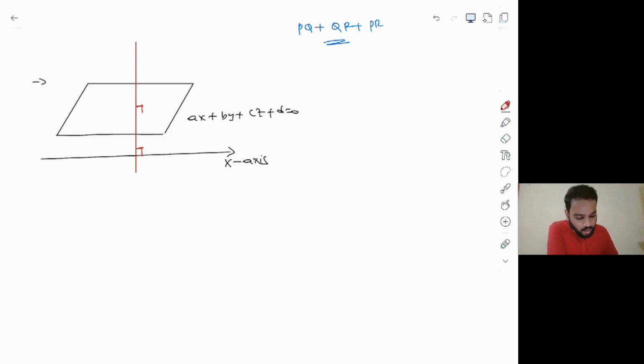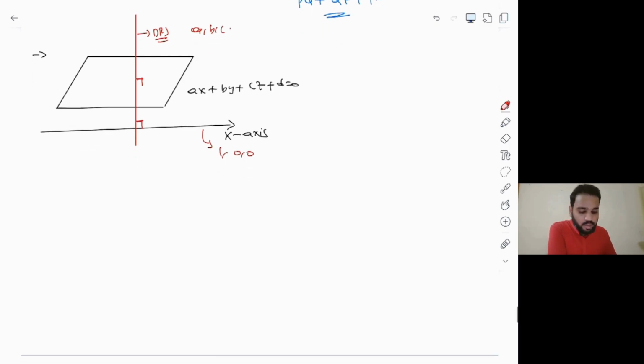That point is clear. And since the coefficients of x, y, z are a, b, c, I can take the DRs of this normal as a, b, c. And we know how to take the DRs of the x-axis also. You can take it directly as 1, 0, 0.